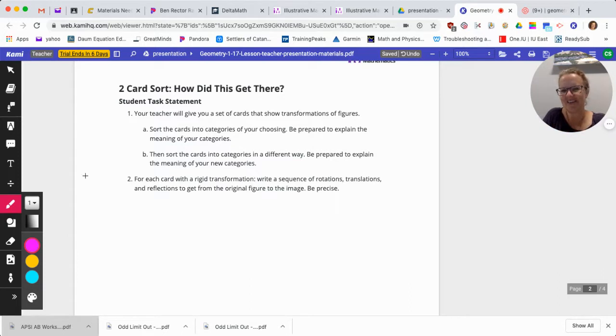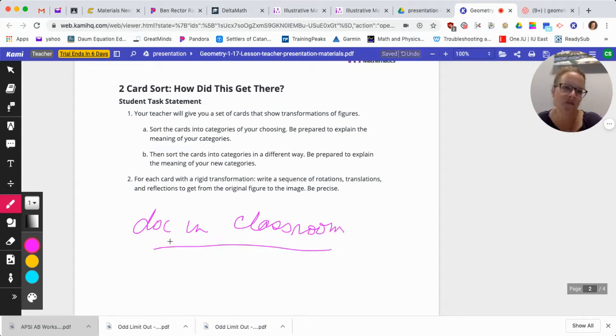All right, card sort. I'm going to put a Google Doc in Classroom for you to work through this. Okay, I've said that before, but that wasn't for a card sort. That was for a problem card and a data card, which is impossible to do. But card sorts we can definitely do. So we're going to sort the cards into categories of your choosing. Be prepared to explain the meaning of your categories.